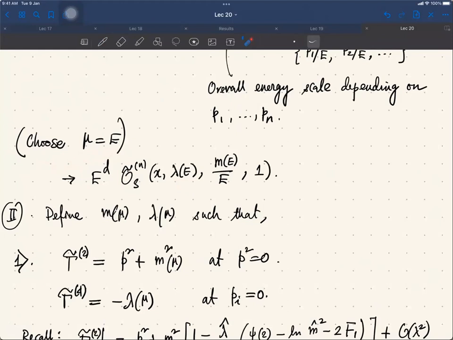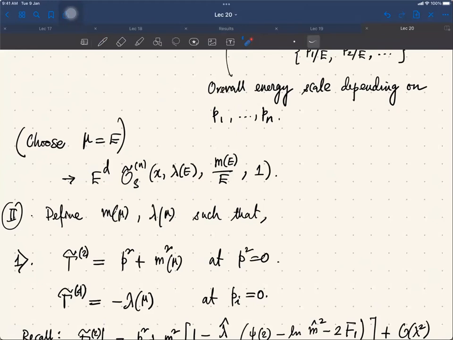Then you can do experiments and get the observational results, and from a finite number of experiments you find the values of the two parameters that are involved.